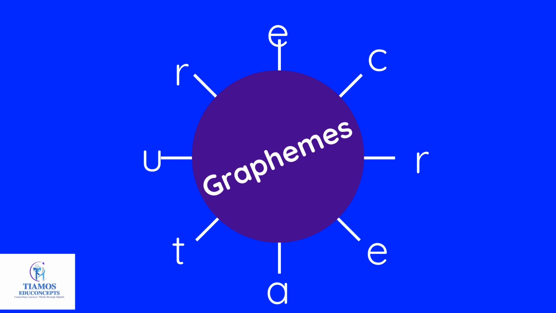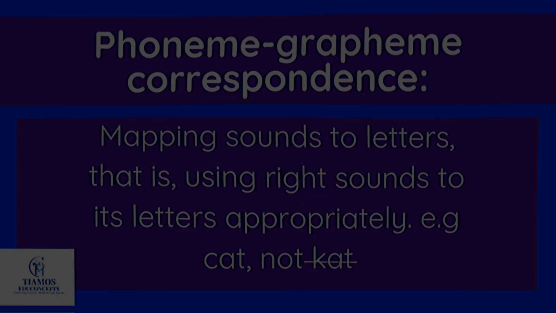Then it becomes graphemes, because it is not a unit sound that is written. If you count this now, it is 8 letters. That is 8 sounds. Putting together in writing, it becomes graphemes. Now, let's proceed to the next slide.